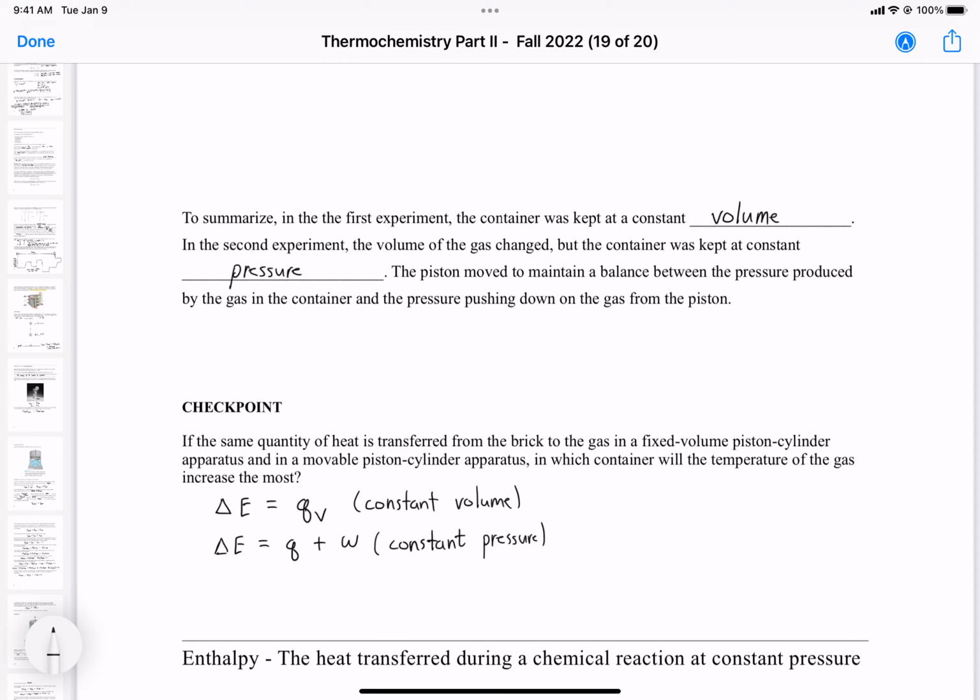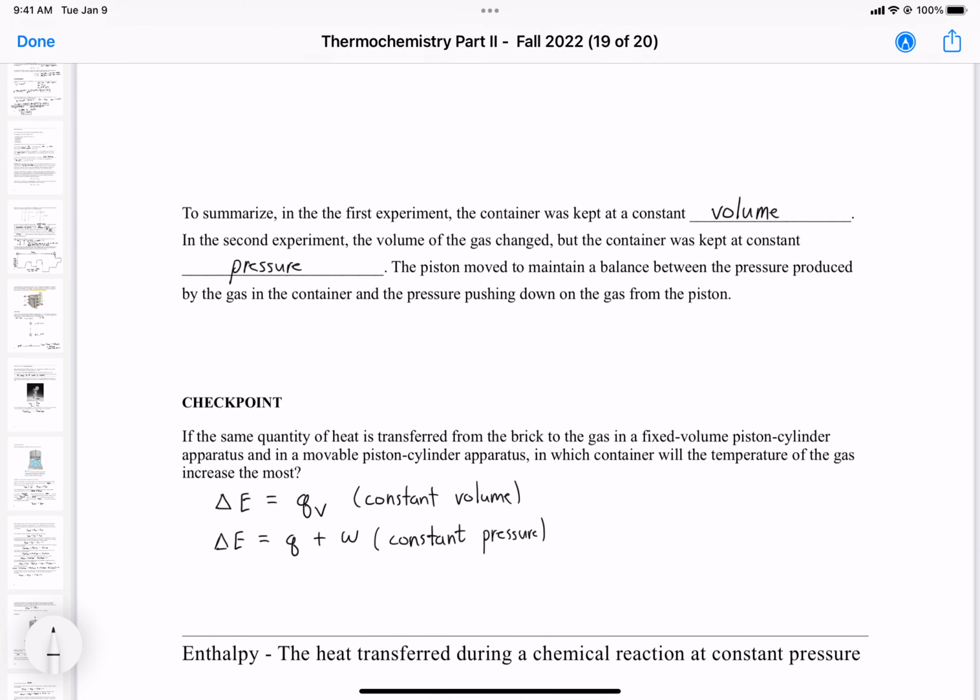Okay. All right. So in this case, heat is lost to work at constant pressure.